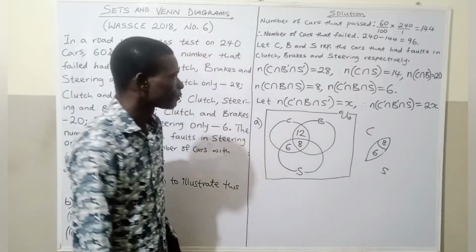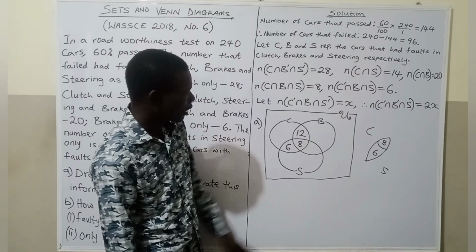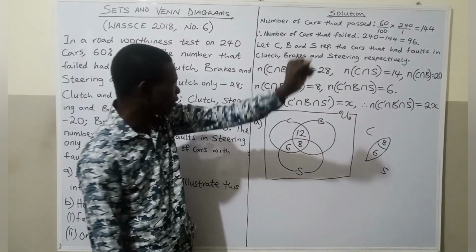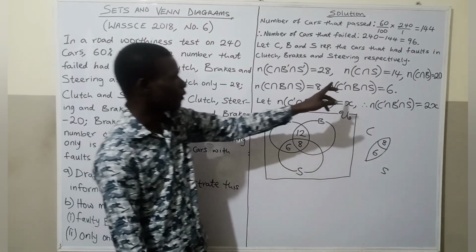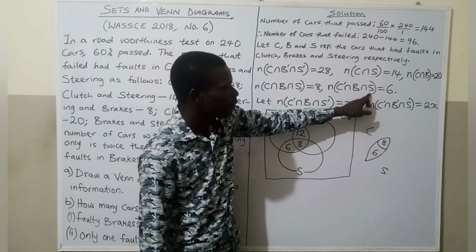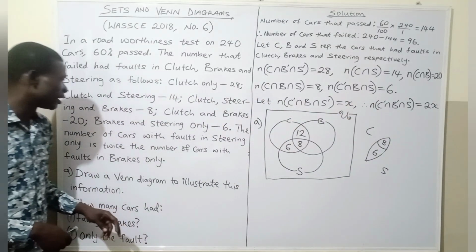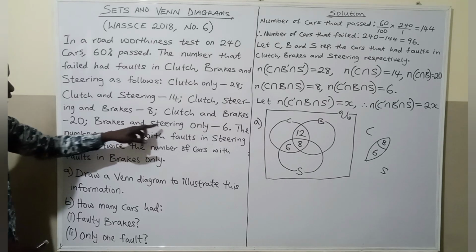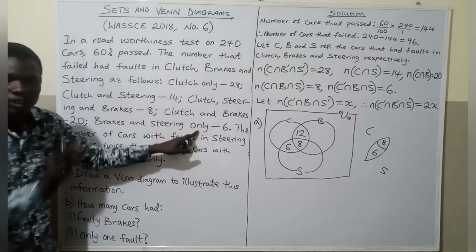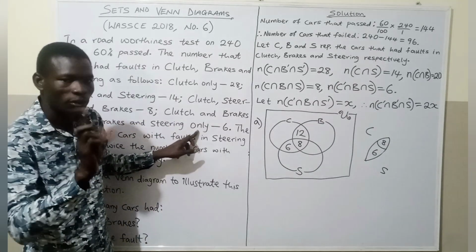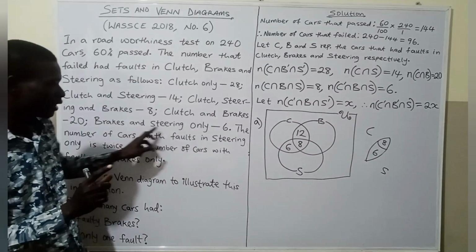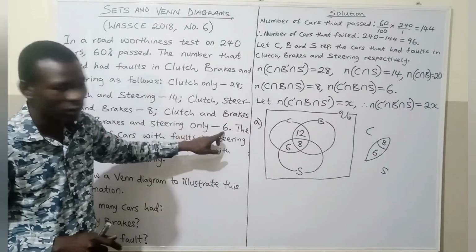Now, the third one, which is brakes and steering. Do we have the one for brakes and steering? Of course we do. But when it was mentioned in the question, it was mentioned as brakes and steering only. So there is no need for subtraction because it has been captured as brakes and steering only, and there are 6 of them.